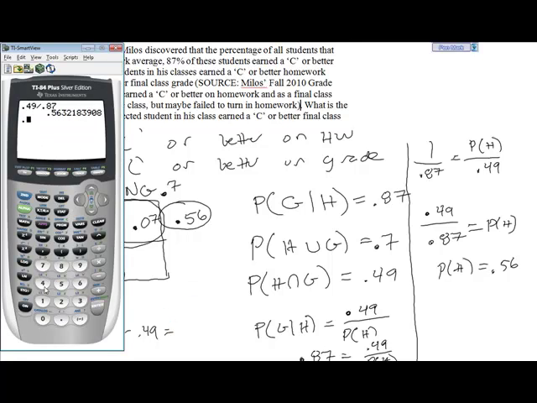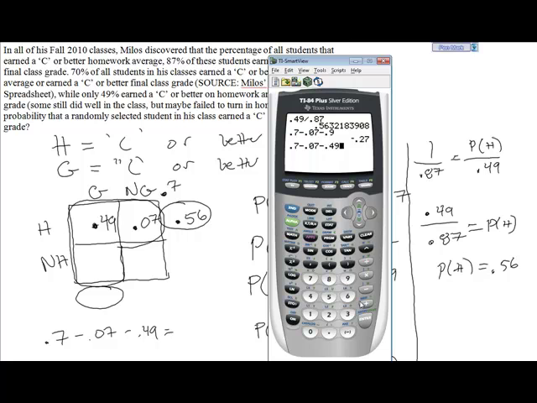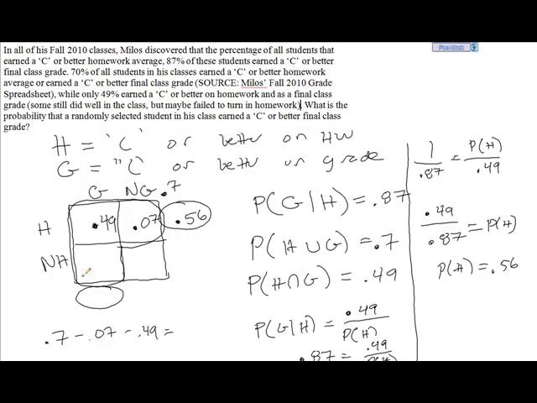And that is going to come out to be 0.7 minus 0.07 minus 0.49 is going to end up being 14. Oops. Did something incorrectly there. Let's try that again. Not 0.9, but 0.49 and 0.14. So this number right here would have to be 0.14.